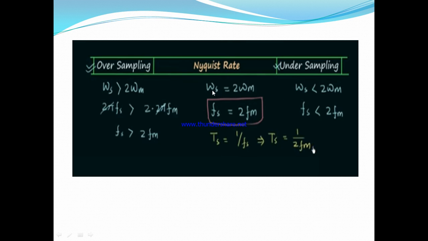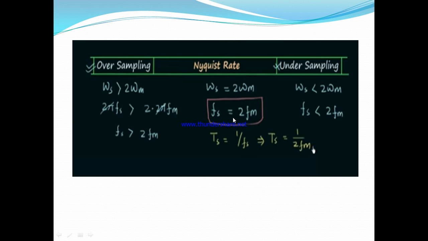For the Nyquist rate, omega s is equal to 2 into omega m, so fs equal to 2 fm. For recovering the message signal from the sampled signal, the minimum sampling frequency should be equal to 2 into fm.